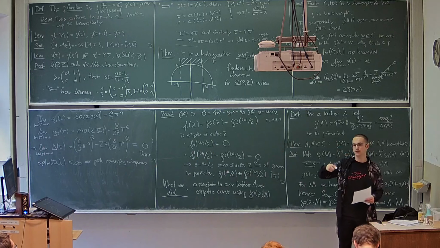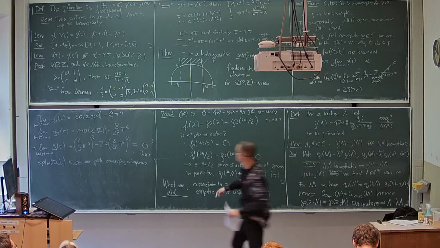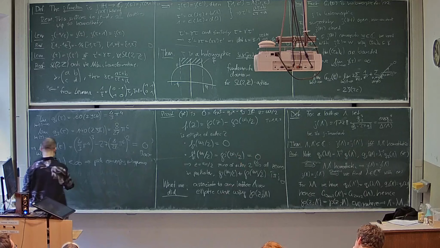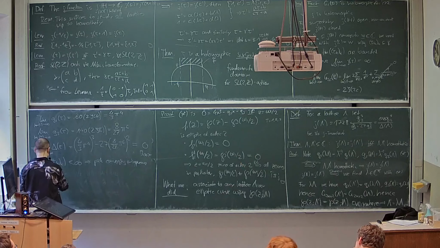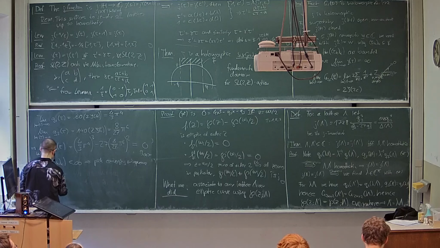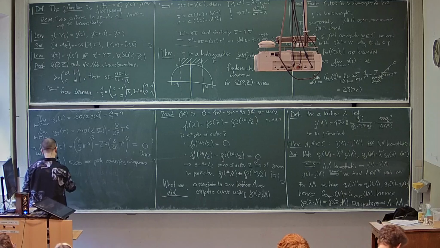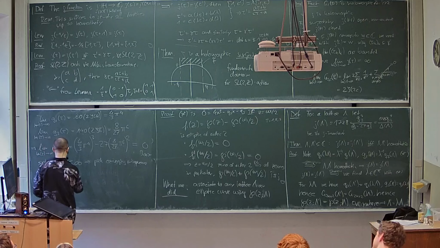We know the images of these, well, let me write it down. So what we get is the limit as l to infinity of j of tau_{k_l}, I guess.